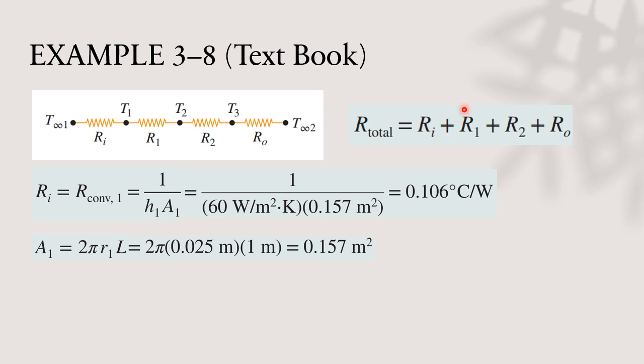Then we want to calculate R sub 1. R sub 1 is conduction inside the pipe shell.